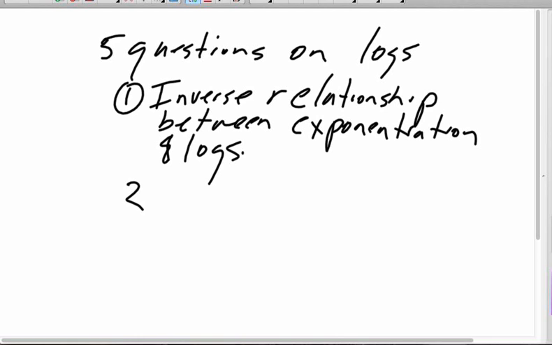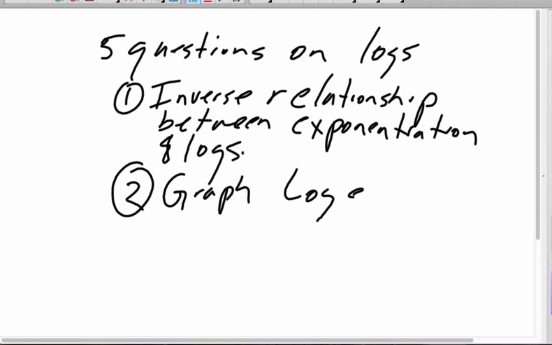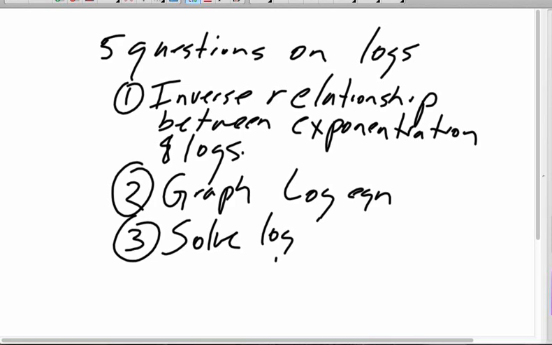You're also going to have to graph a log equation. And finally, you're going to have to solve a log equation using log properties.